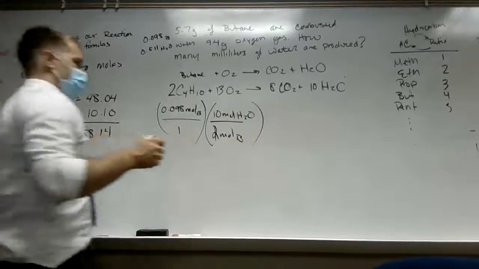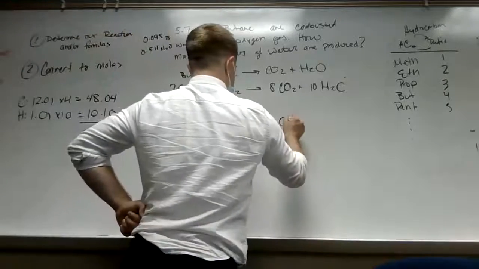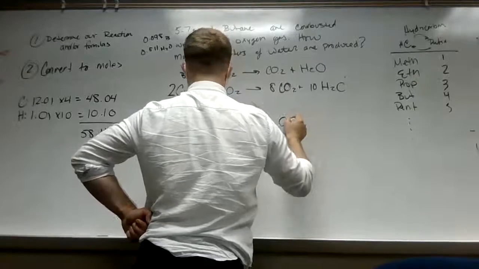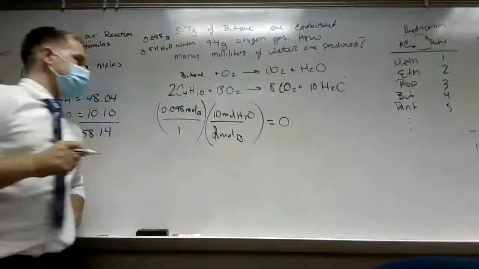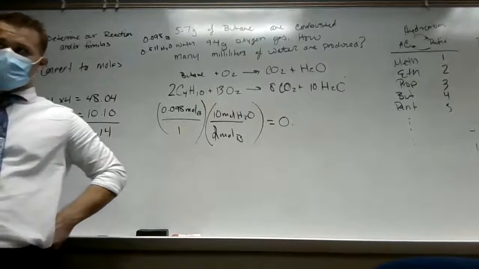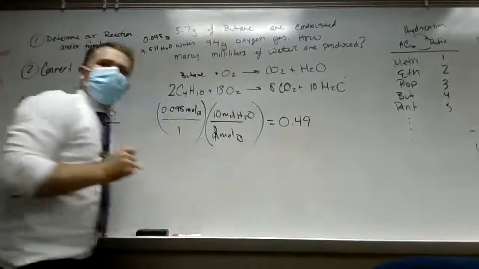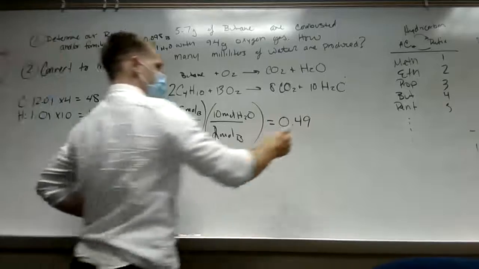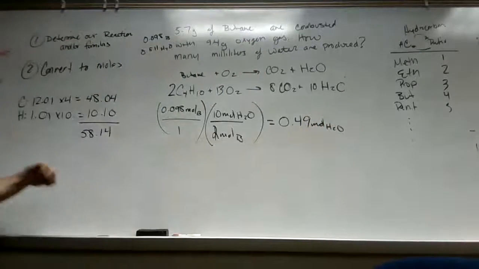All right, so we go through and calculate this. We get 0.5-ish, 0.49 moles of water. Right, so that means if we were able to react all of our butane, we would produce about a half a mole of water.